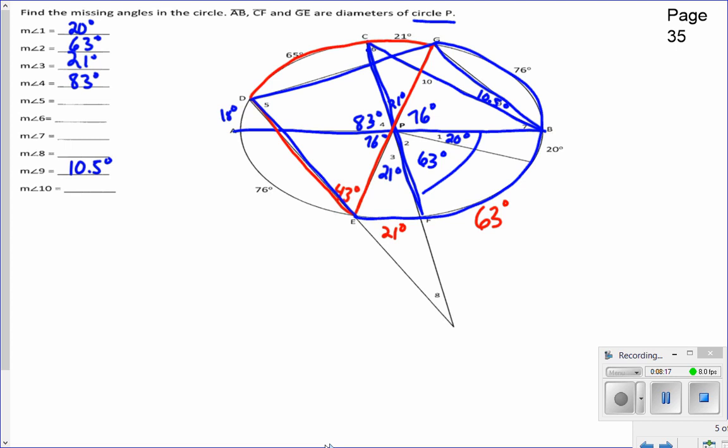So if I add, actually I don't even need to add that because I can see that GE is a diameter. I was told that. So the inscribed angle, angle 5, is going to be half of 180 degrees since that's a semicircle. So that's actually a 90-degree angle at 5.